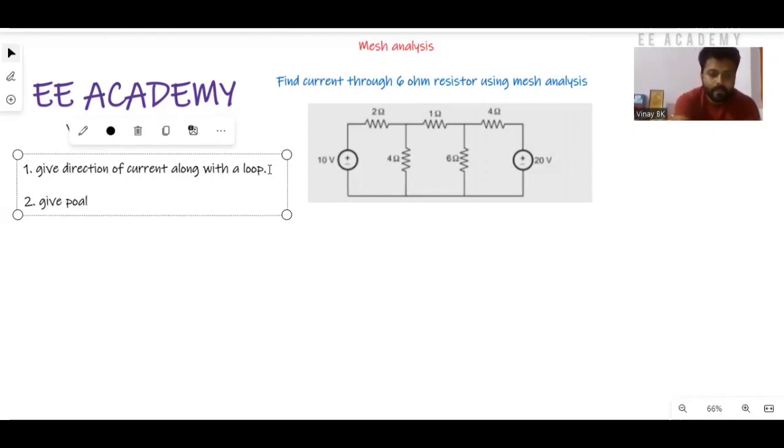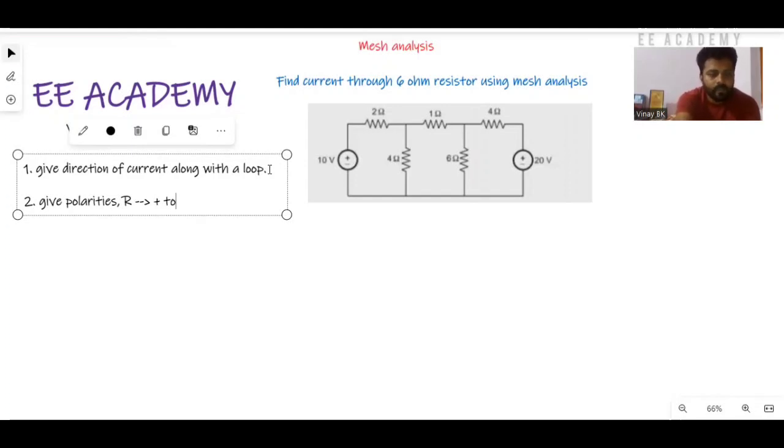give polarities. In the case of a resistor, current flows from positive to negative.